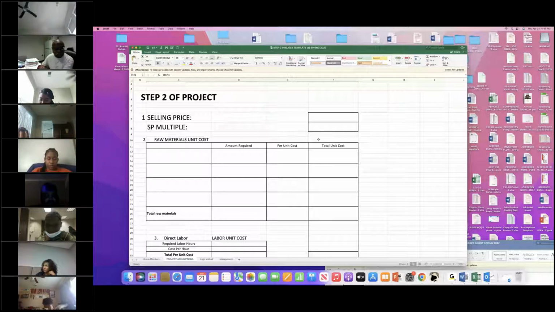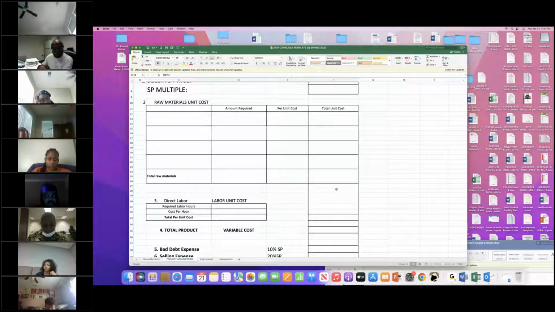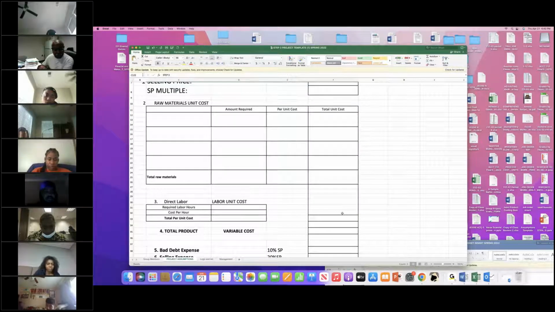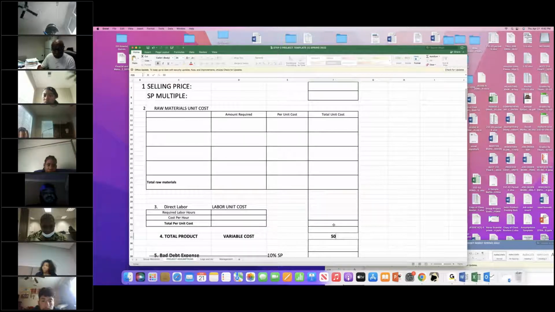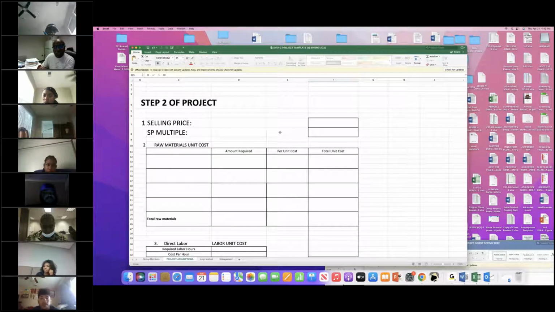Let's assume we did our raw materials and our labor, and it turned out to be, what is a good number? I'll make it $50. So suppose all of those costs were $50. If we had a selling price multiple of 4, then what would our selling price be?